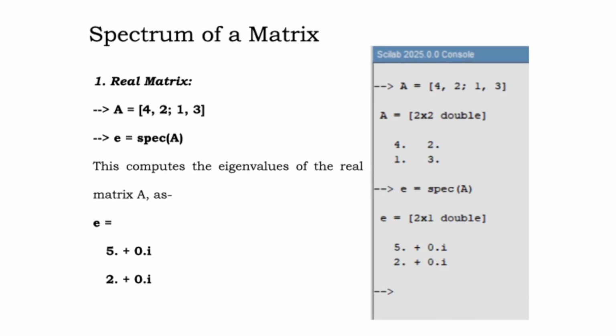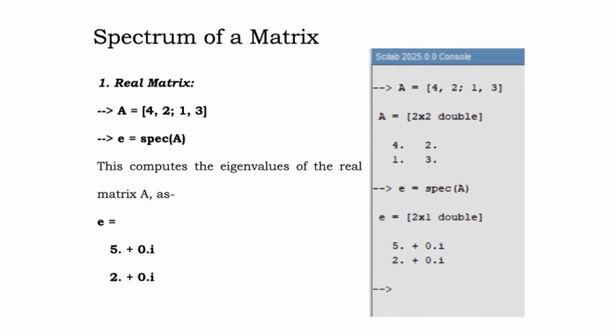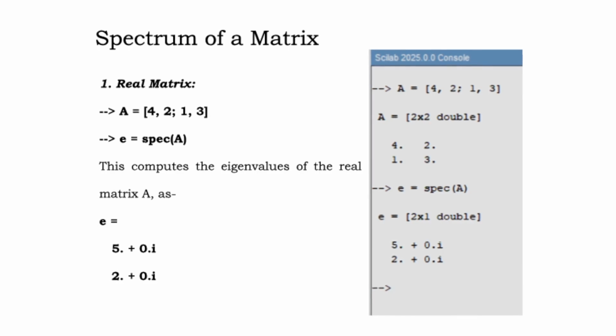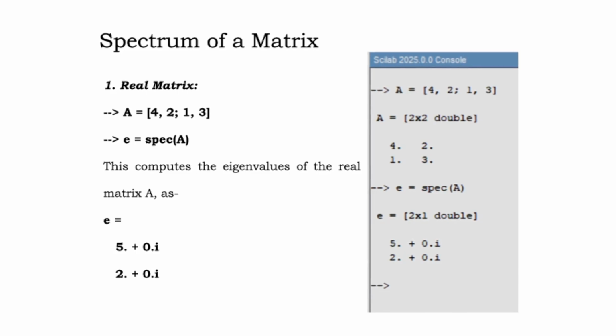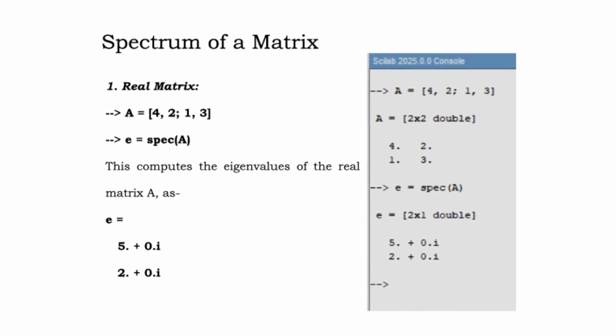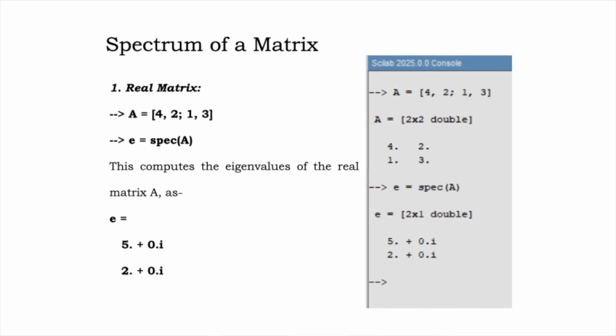Real matrix: A equal to [4, 2; 1, 3]. E is equal to spec(A). This computes the eigenvalues of the real matrix A as E equal to 5 + 0i, 2 + 0i. That is, 5 and 2 are the eigenvalues.